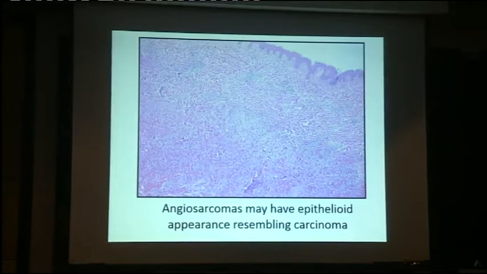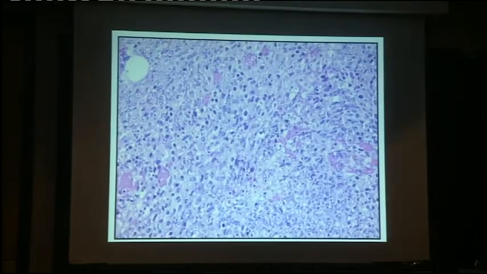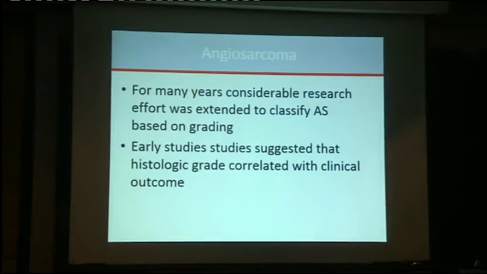If you have a small biopsy, here is the superficial skin and the epithelioid sarcoma extending into the dermis, and these also mimic high-grade carcinomas, just like we were confused in our case.